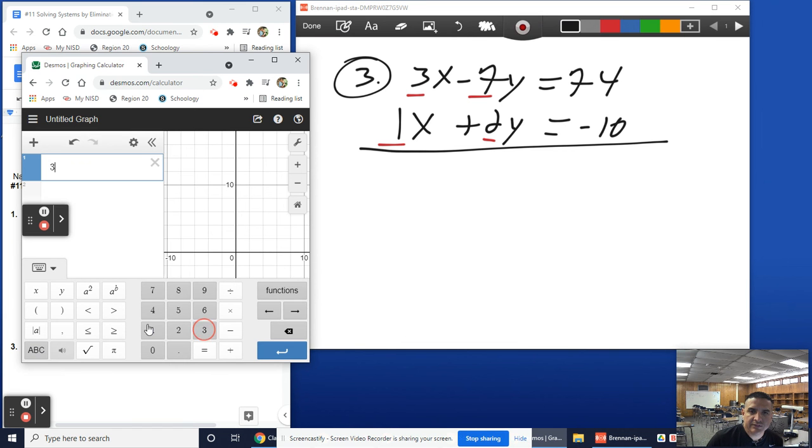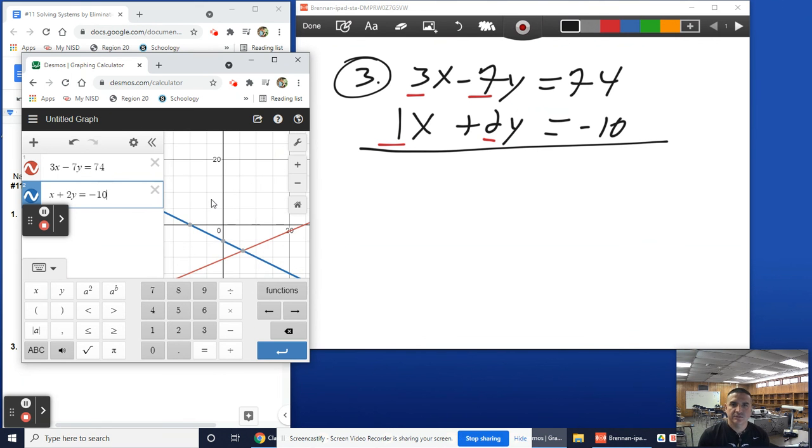So if I graph 3x minus 7y equals 74, and I also graph 1x plus 2y equals negative 10, if I graph them both, I can get the answer. There's my answer: 6, negative 8. That's the answer. But we're trying to solve these algebraically.